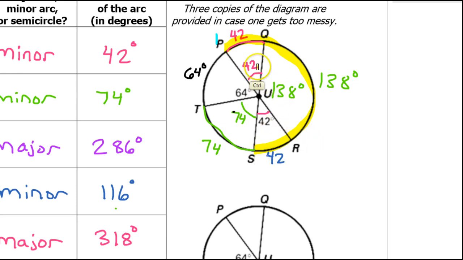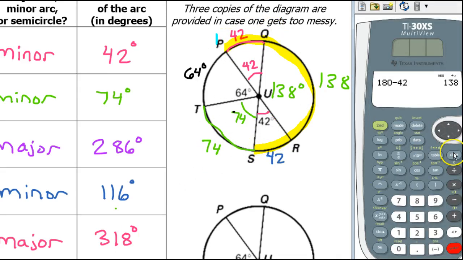I can either add 42 plus 108 plus 42, or I could recognize that from S to Q, that's 180 because it's a semicircle, and then plus another 42. Either way, you're going to get the same answer. So I could do 180 plus 42.